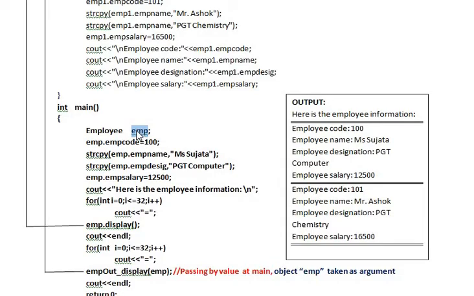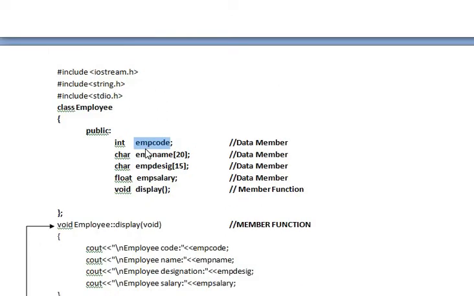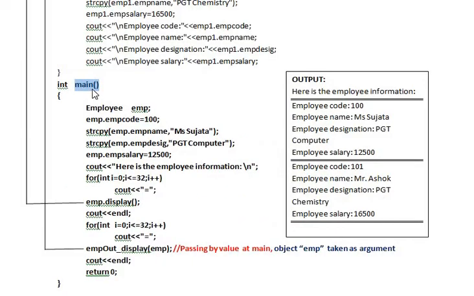As soon as the encapsulation has been done, when the object emp gets created, the object emp then tries to access the data member emp code, and the access has been granted. This is because the data member emp code has been declared as public. As you all know that public members are accessible everywhere, so is this data member emp code accessible from inside the main, which is outside the class employee.